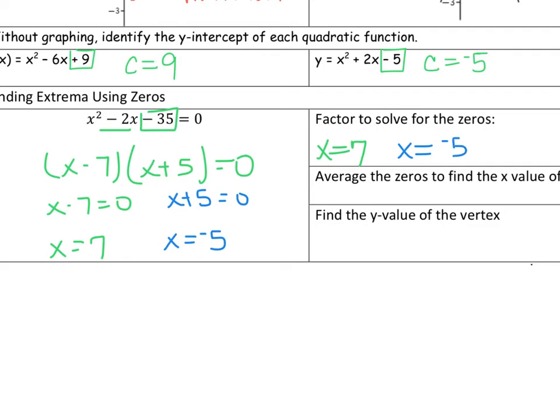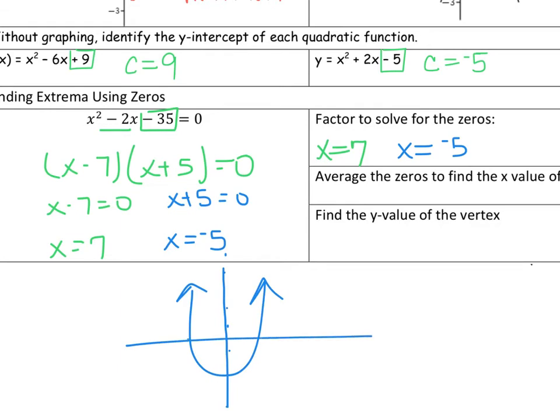We want to find the x value of the vertex. If you remember, on our parabola, the axis of symmetry cut our parabola into two parts. So if this is an x-intercept and this is an x-intercept, the axis of symmetry, that x value, is halfway between both of those x-intercepts.